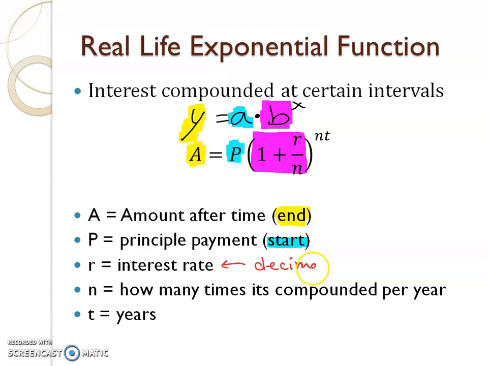They're going to give it to you as a percentage, and you're going to have to turn that into a decimal. Your x, which is this part at the top, is a combination of n and t. N is how many times it is compounded per year, and t is your time in years. Those two together make up your x value.